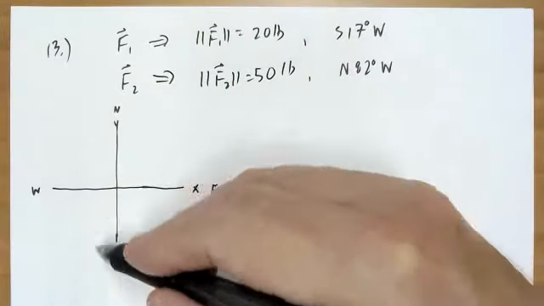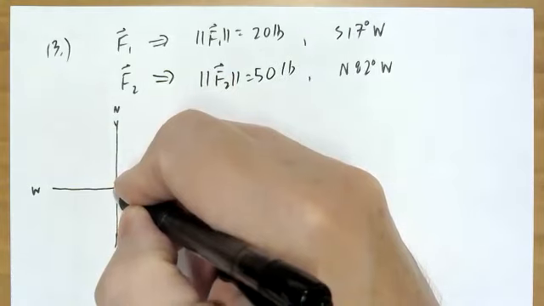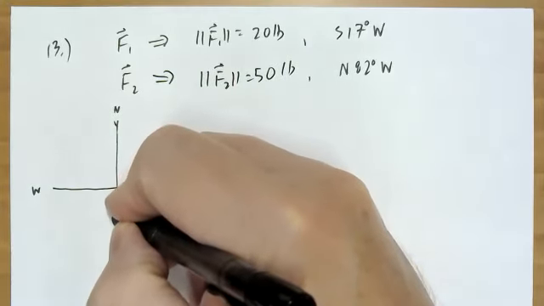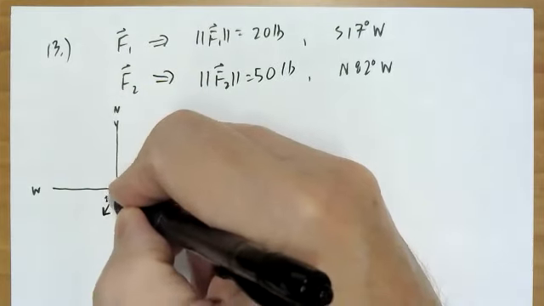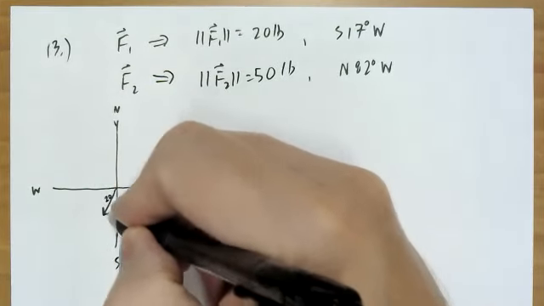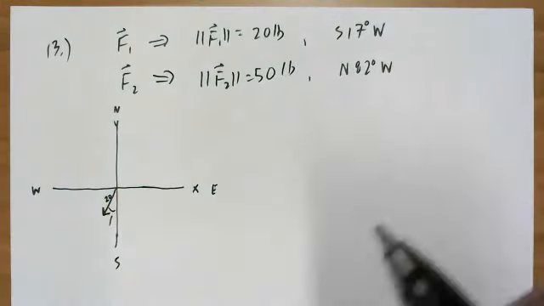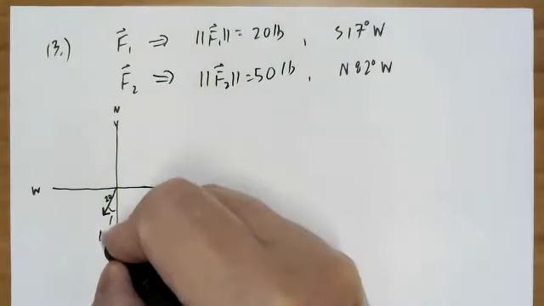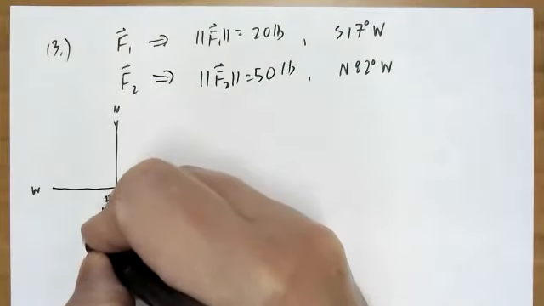So whatever the length of my line is, that represents 20. So the angle's about here, and maybe I'll call 20 like this. So this length is 20. This angle here is 17 degrees.